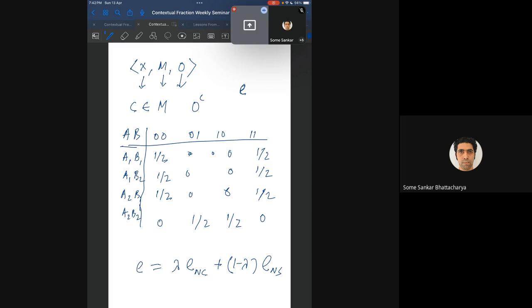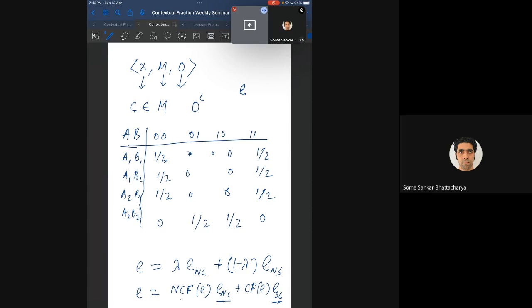Later I said it is proved that any empirical model can be represented by such a combination where one model is non-contextual and the other is strongly contextual.